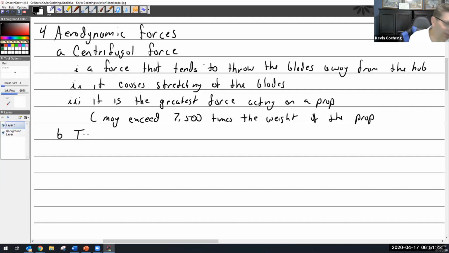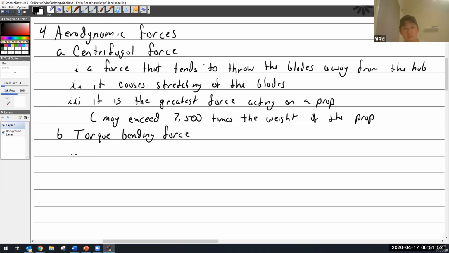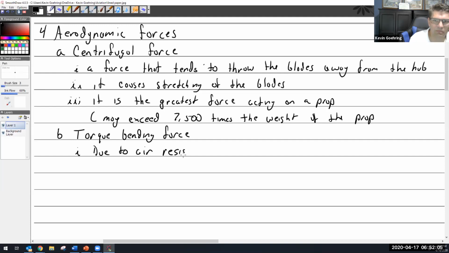All right, we have torque bending force, and that is because of air resistance.